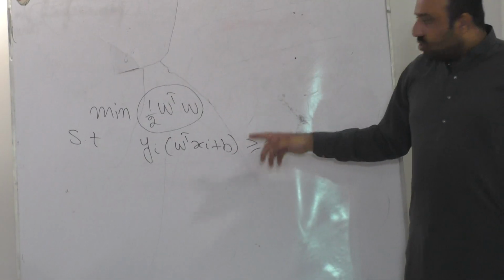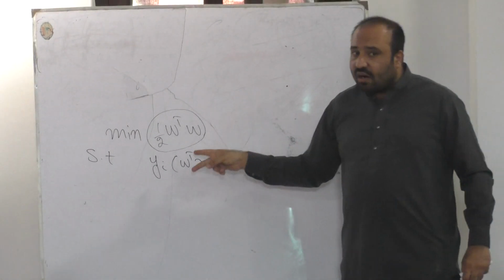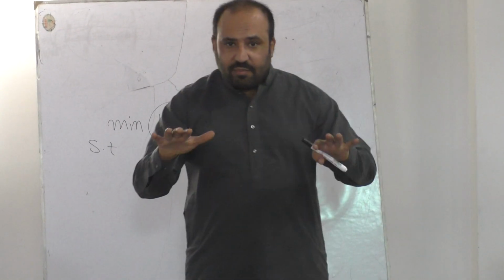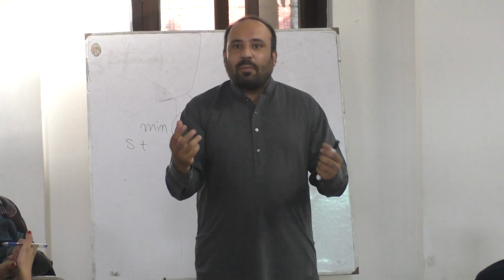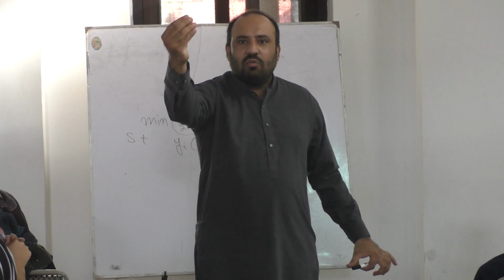Make sense? So this is a minimization, and this is a very hard problem. You want to find out the minimum, but you have to follow certain constraints. So it may happen that someone brings a W and says, this is the W I brought, its norm is the lowest, and the best answer is W is 0. W is all zeros. You cannot do better than that. Zeros transpose zeros.